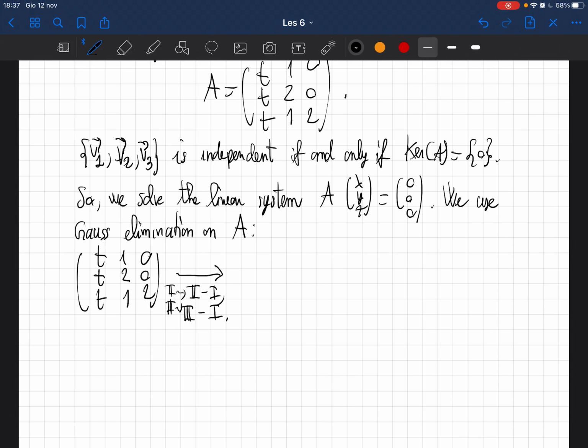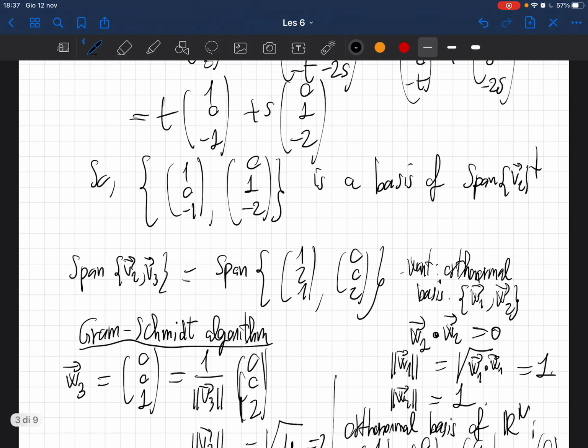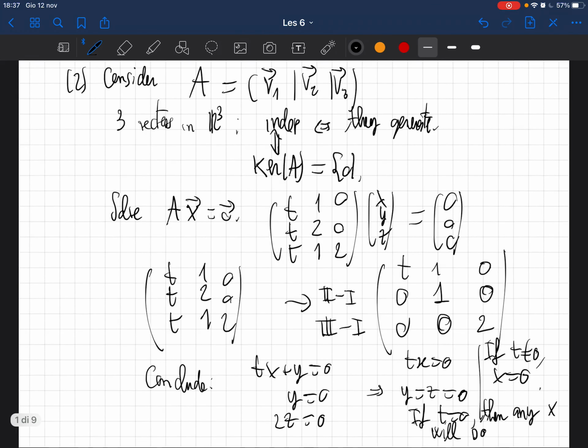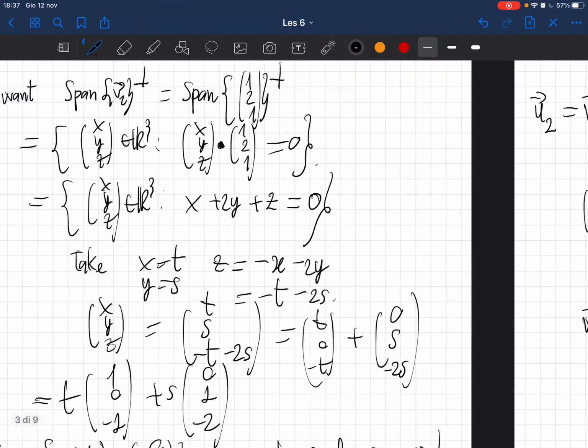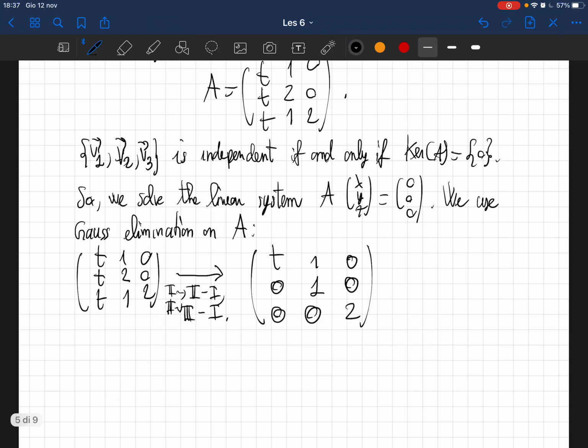I mean that I'm replacing the second with the second minus the first, and the third with the third minus the first. Which is then 0, 1, 0, 0, 0, 2. I hope it's correct. It seems so.